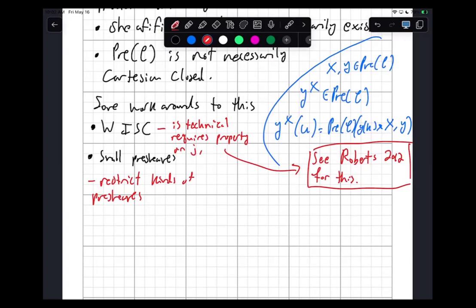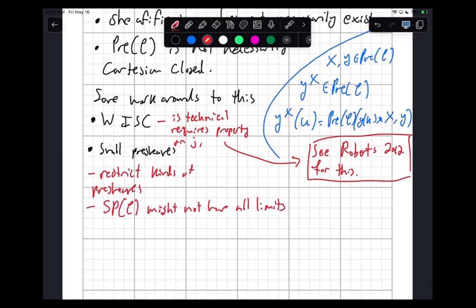Problem is, let's call this the category of small presheaves on C, it might not have all limits. So that's annoying. It might not even have all small limits.